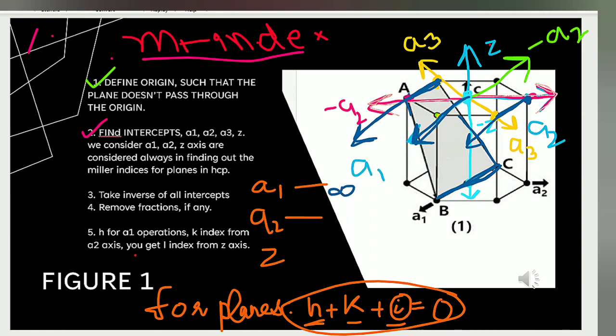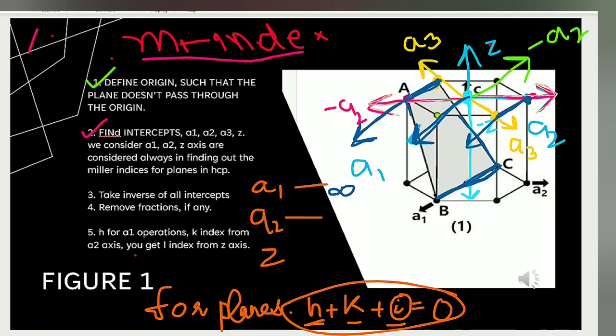There is another way to confirm that if you are unsure about it, so I'll mention the other method also. But for now, A1 intercept, you will take it infinity because parallel lines never meet and they will never intersect. Hence, the plane and the A1 axis will never intersect.